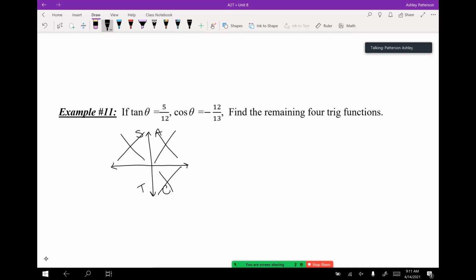That means our triangle exists in the third quadrant. I'm going to draw my triangle out with the hypotenuse attaching to the origin, reference angle at the origin between the hypotenuse and the x-axis, and the altitude attaching to the x-axis as well.